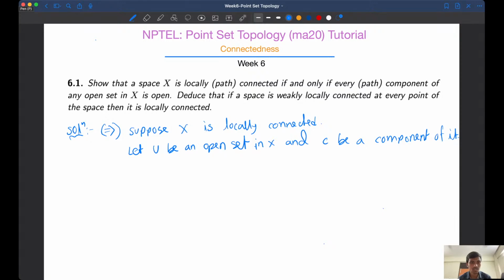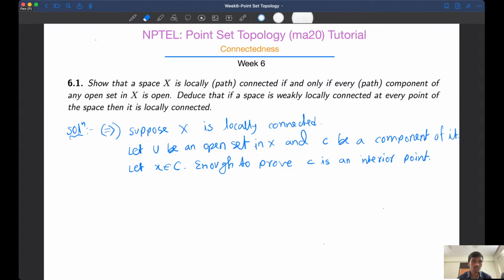So let x belong to C, enough to prove x is an interior point of C. Right? So now can you give me at least the open set?